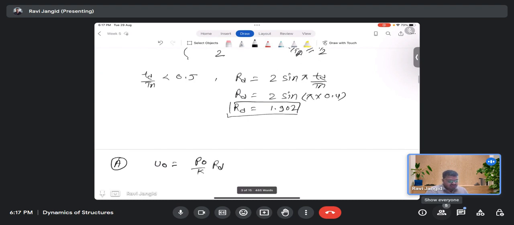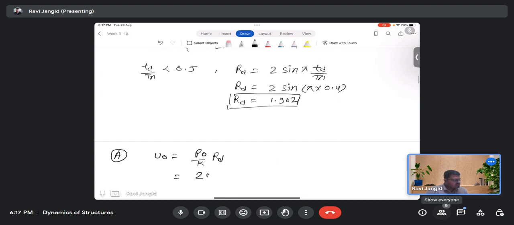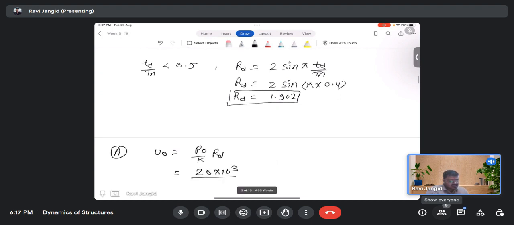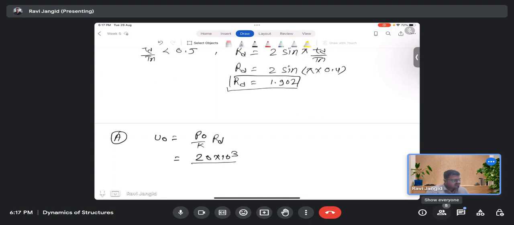P naught is given as 20 kilonewton. K we have calculated as 519,750, and RD is 1.902. If you solve this, you will get 0.073 meter, or 73 mm.